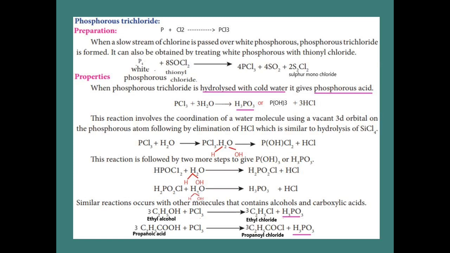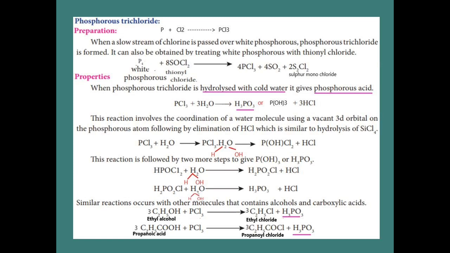Again that H2PO2Cl reacts with another mole of water, which splits into H and OH. The H reacts with the chlorine, and that chlorine place is now occupied by another OH. Now we get H3PO3, that is phosphorus acid. So each chlorine is replaced by an OH group, and only then do we get phosphorus acid.